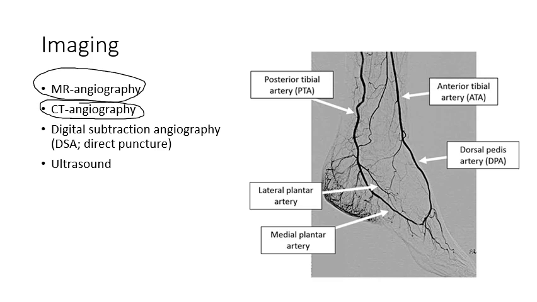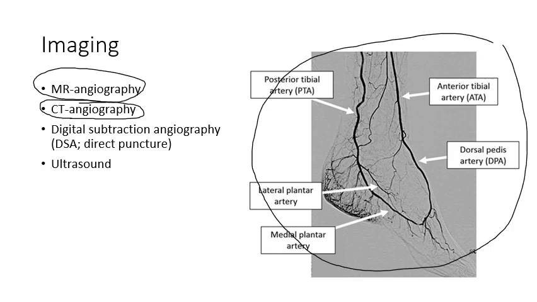But we also have digital subtraction angiography, and that's what you see on the right side here. That's where you have a direct puncture, where we make a puncture with a needle in the femoral artery, and we can guide ourselves using the contrast material injected directly into the artery, and film.